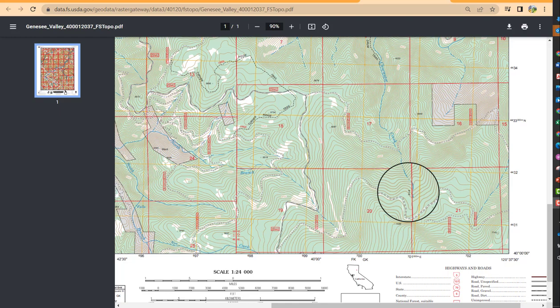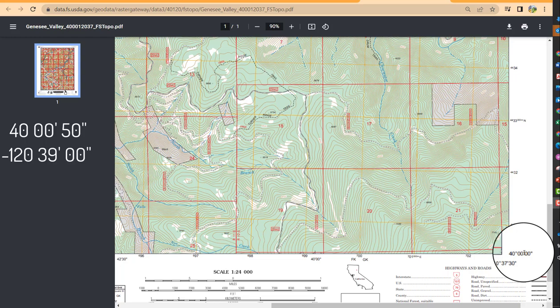So that would mean that my latitude would be 40 degrees, 0 minutes, 50 seconds, and my longitude would be 120 degrees, 39 minutes, and 0 seconds. And that's going to get you in a ballpark.